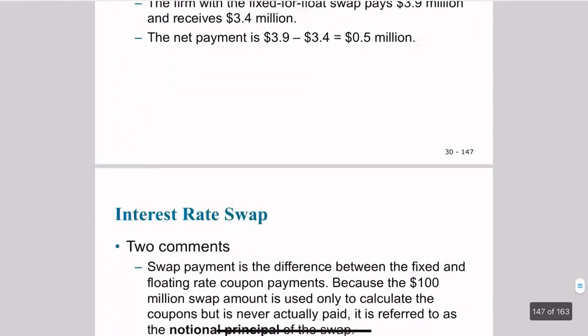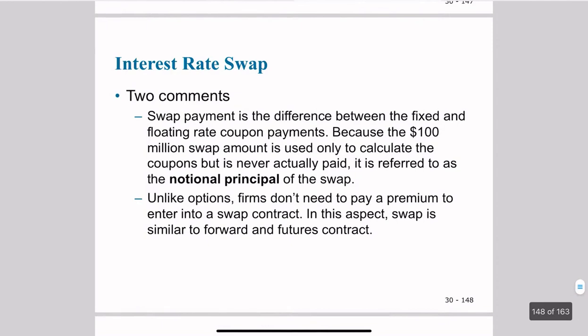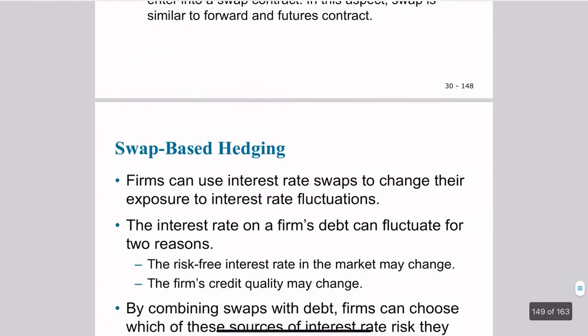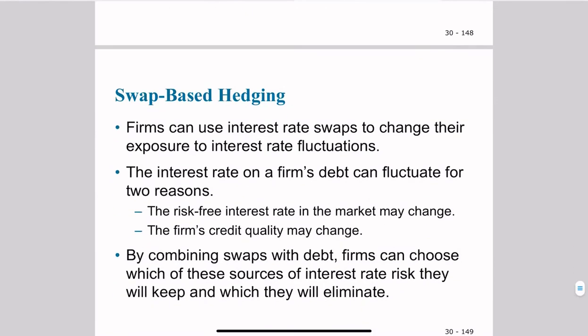Okay, so today let's talk about swap-based hedging. And I mentioned this in the last class. So basically the idea is the interest rate on a firm's debt can change, either because the risk-free interest rate changes or the firm's credit rating changes.